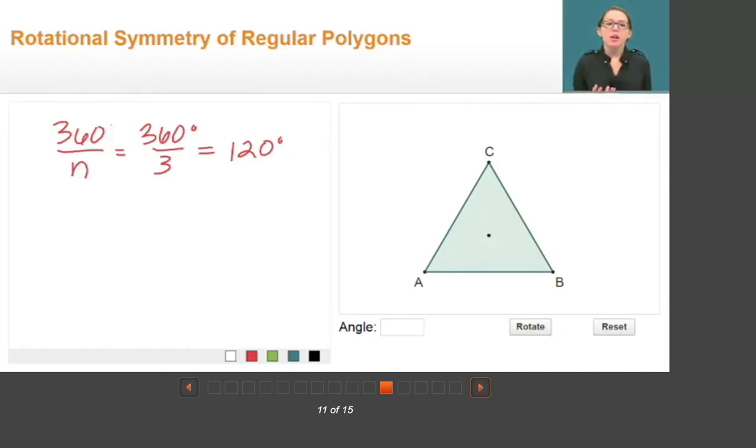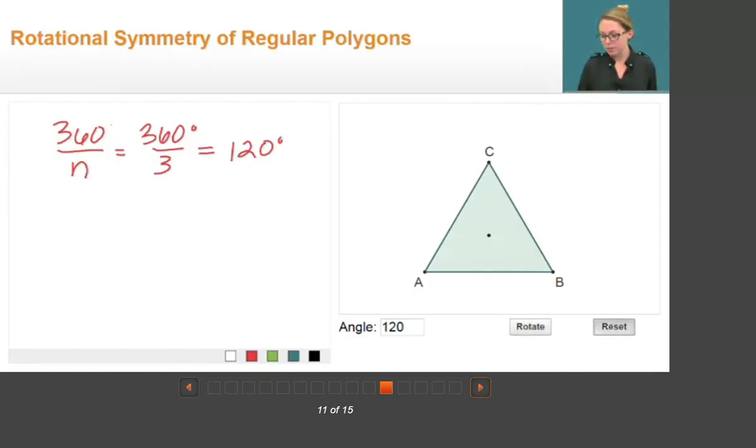So we find that the smallest angle of rotation is 120 degrees. When we rotate this triangle 120 degrees, let's go ahead and do that really quickly. Click Rotate. We see that it's mapped onto itself. This means that multiples of 120 degrees work. There are 3, so they must be at 120 degrees, 240 degrees, and 360 degrees.